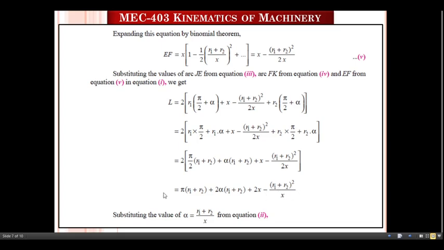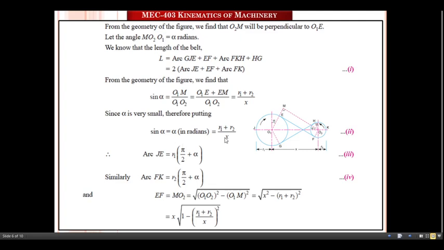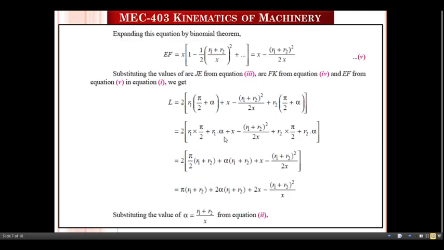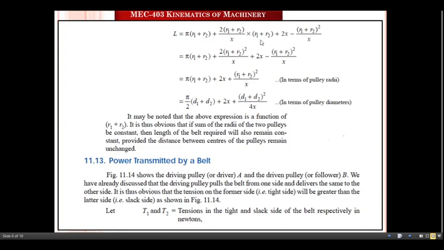Now already the value for alpha is with us, (R1 plus R2) by X. Just replace alpha by (R1 plus R2) by X. This way we can substitute for that alpha, and after multiplication of this bracket with this one, we get (R1 plus R2) bracket square divided by X. The rest of the terms write as it is.